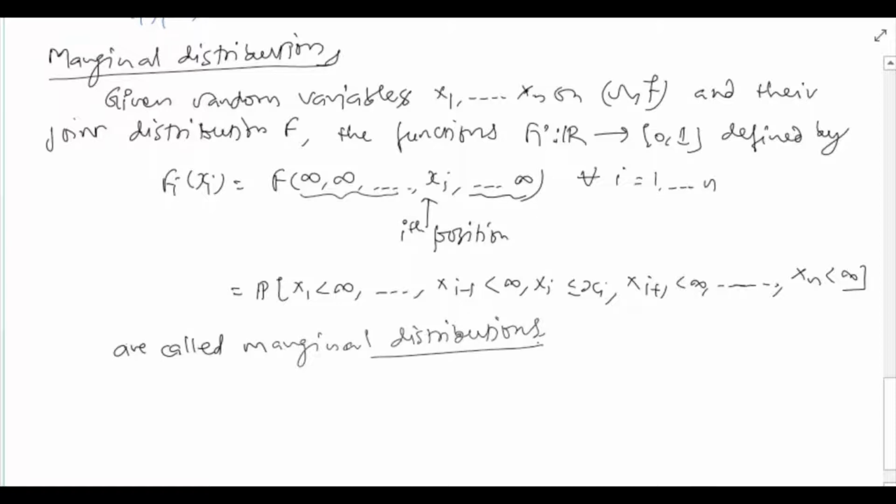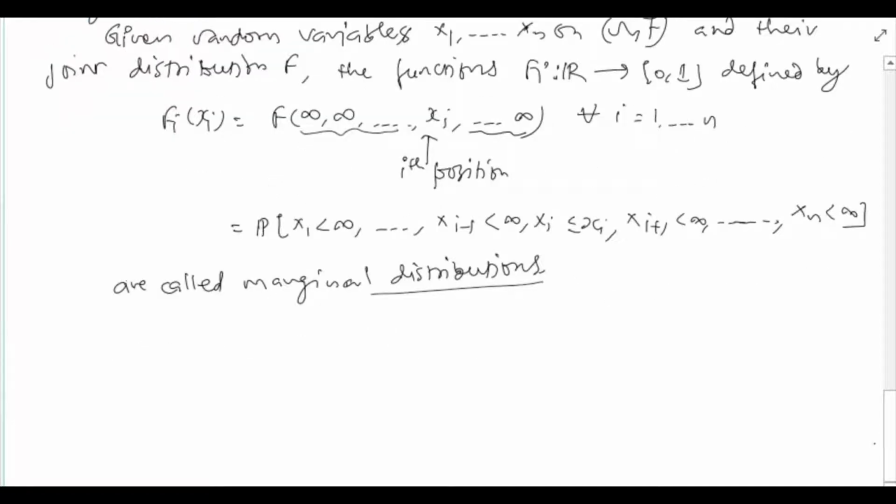We can again consider the cases of discrete and continuous random variables separately. So let us look at discrete random variables.